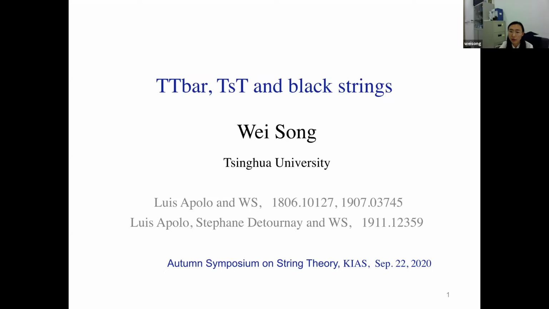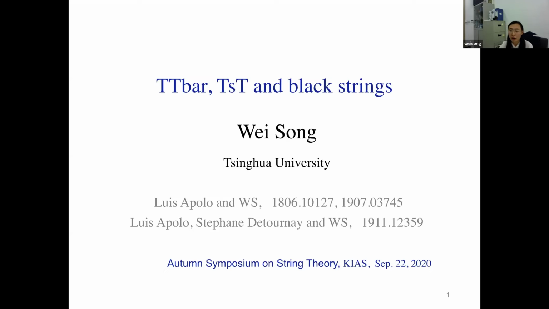And from the string worldsheet perspective, we will be doing a marginal deformation. And this deformation can be generated by the so-called TsT transformation. T corresponds to a T duality, and s is a shift, and T is another T duality. I will give more details later. And this is from the worldsheet, it's a marginal deformation. From the dual CFT, it could be an irrelevant deformation.